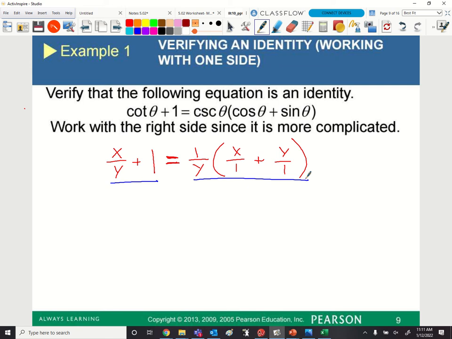So when I distribute, I multiply fractions straight across. I multiply top times top, bottom times bottom, right? Say yes. Okay. So if I'm multiplying top times top, 1 times x is? X, very good. And then on the bottom, y times 1 is?